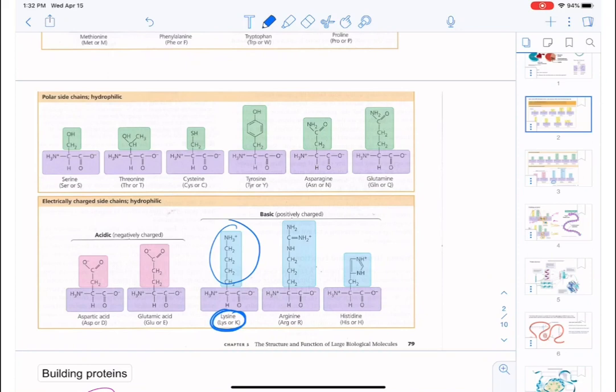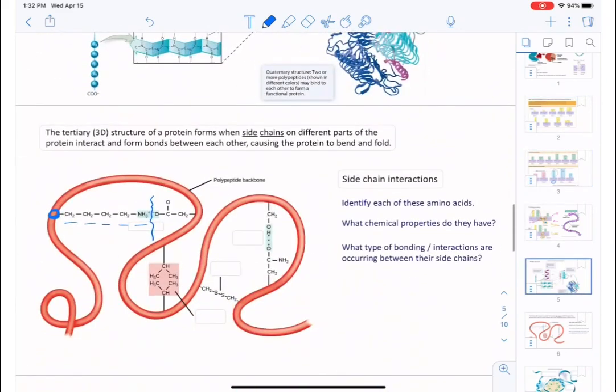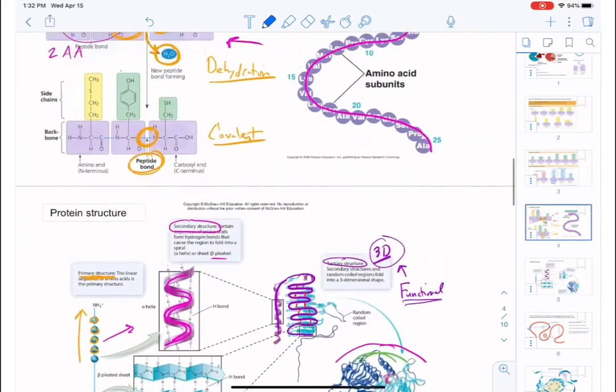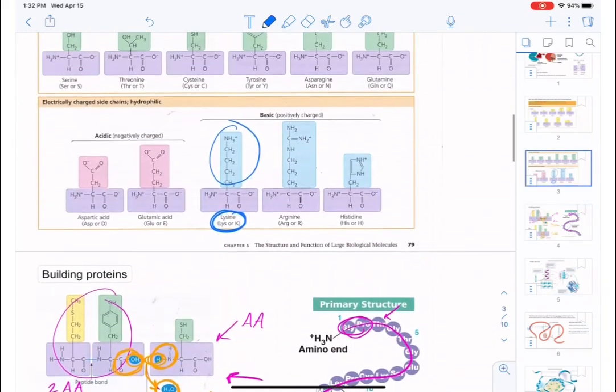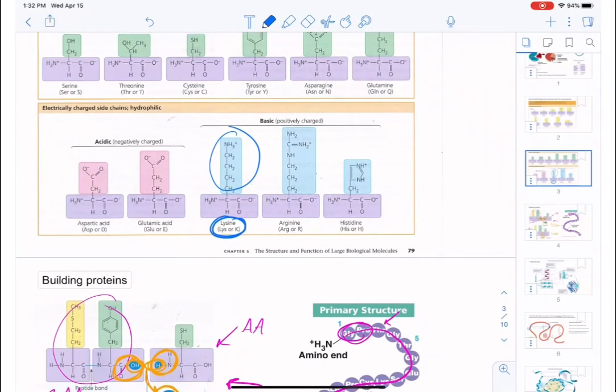There's the side chain. So we can go ahead and put a lysine right there. What about this guy over here? CH2COO with a negative charge on the oxygen. That is aspartic acid, or ASP.